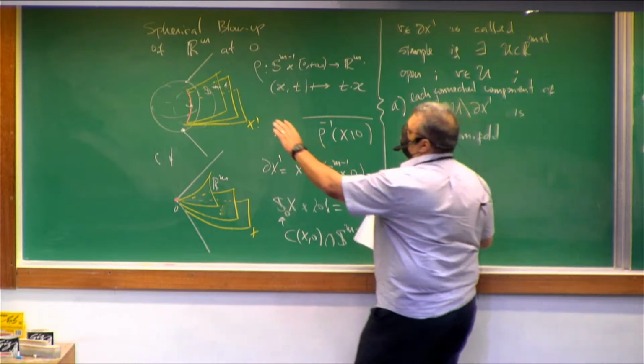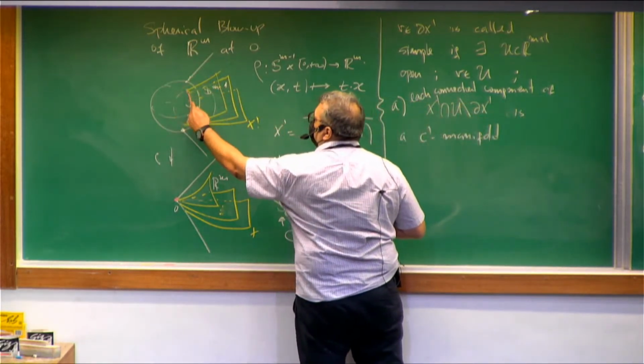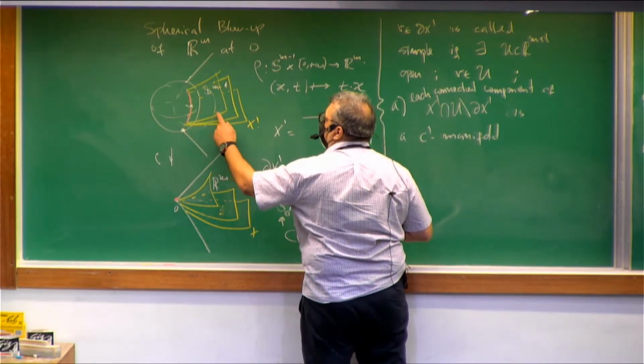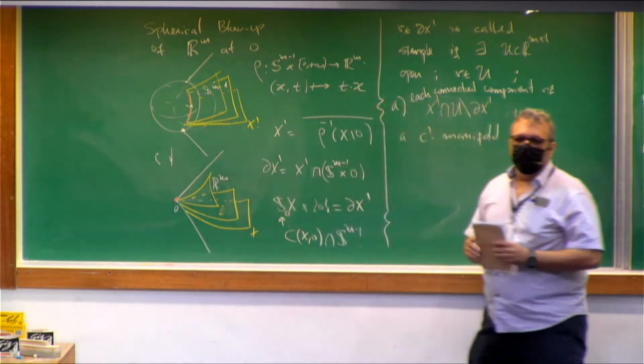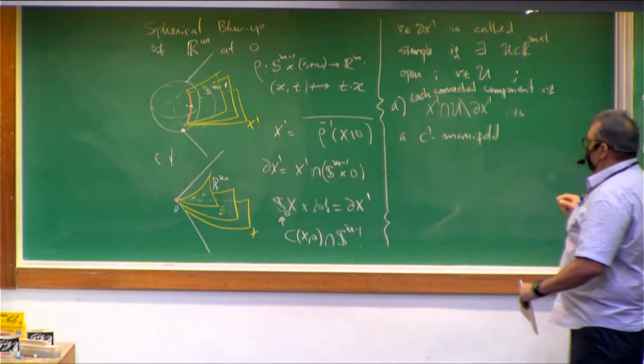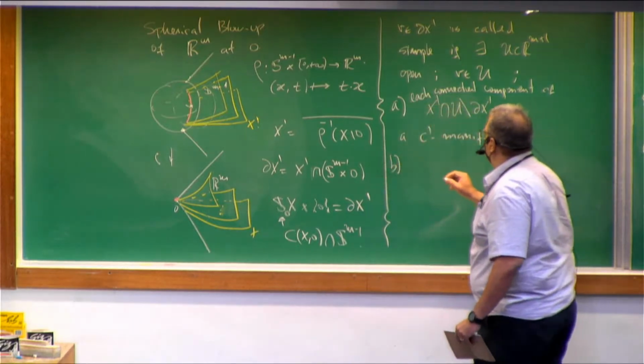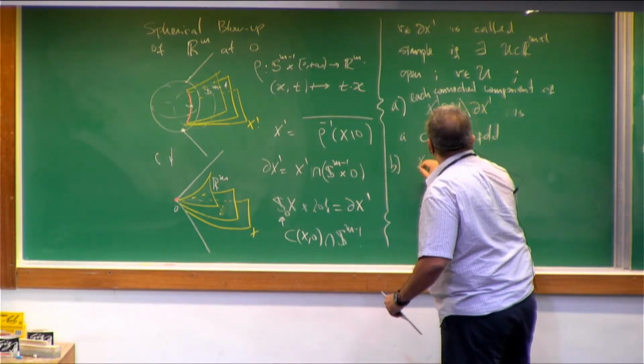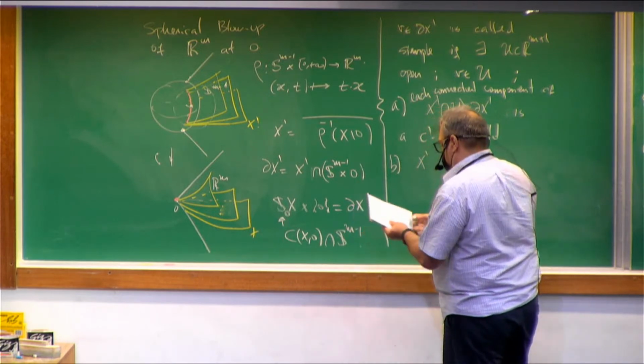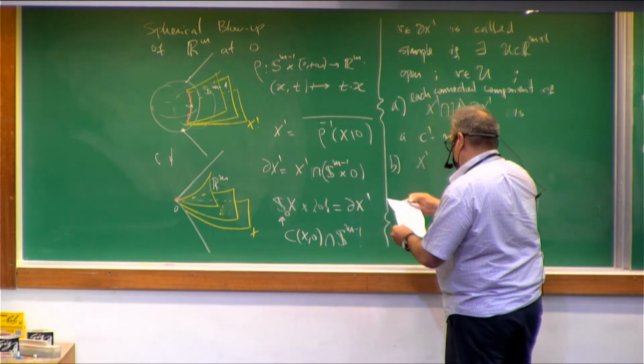Okay, in this neighborhood, we remove this spine. We will have finitely many C1 manifolds, and when you add the spine, let me write exactly what I mean here.